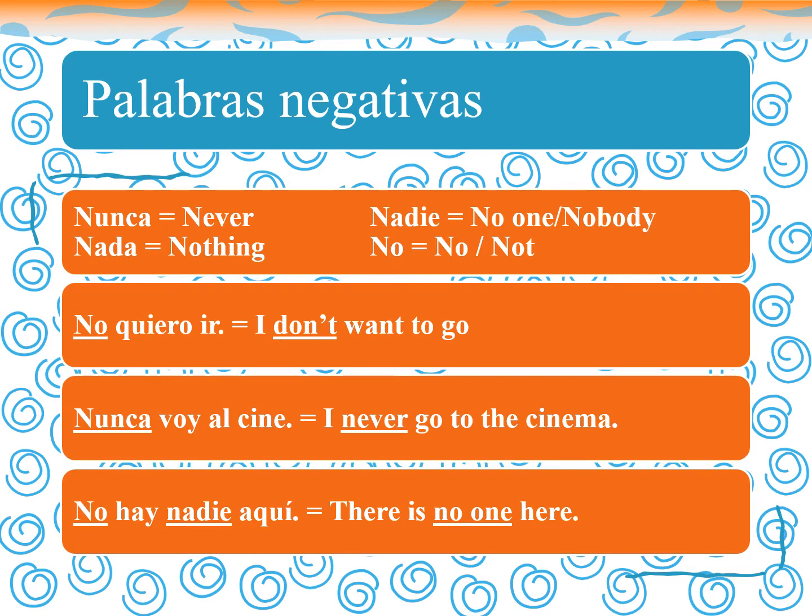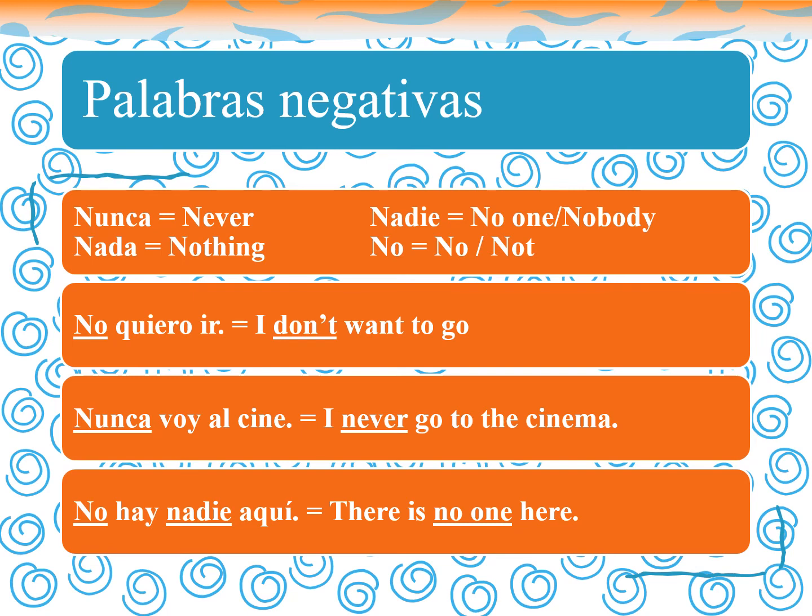All right, and up next, let's take a look at some of the negative words in Spanish and how we can form negatives. And it's important to note that double negatives are correct and acceptable in Spanish. So nunca is never, nada is nothing, nadie, no one, nobody, and no is no or not. So in Spanish, we might say no quiero ir. We're going to put no in front of the verb.